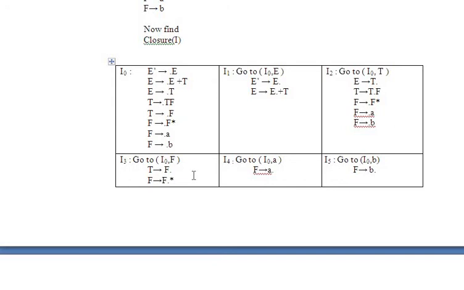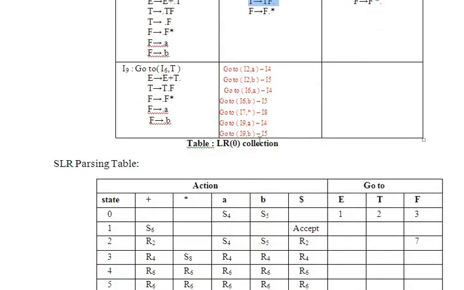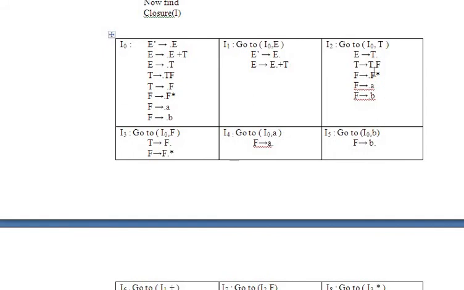So in which state can you find a reduce entry? Here, E gives T dot. This is a complete entry. So the complete production is in the second state, so put that in the second row.